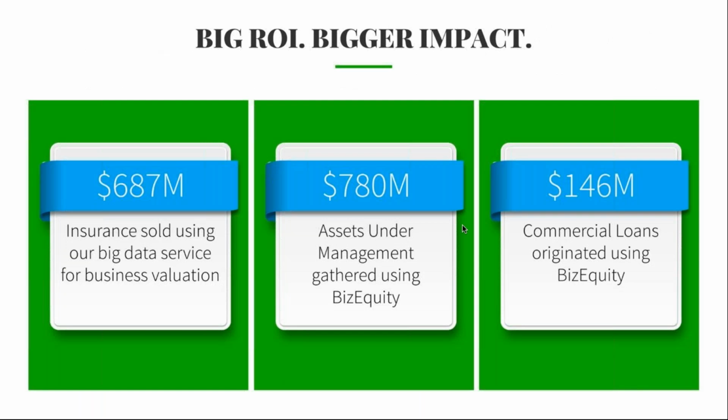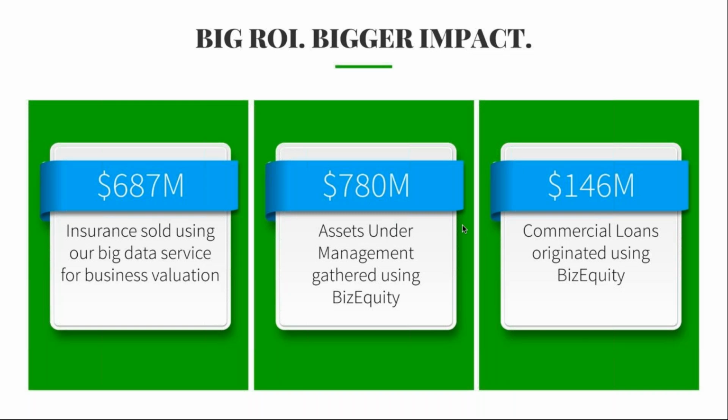But bigger impact. We like to look at the impact that we're having on the marketplace. Nearly $1 billion in insurance sold, nearly $1 billion in assets under management, and well over 100 million of loans originated on our platform. And this is coming from a fairly small sample size of our users surveyed.